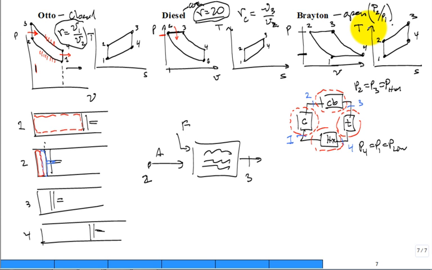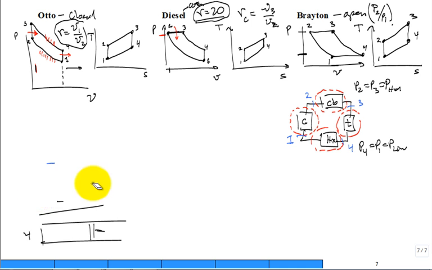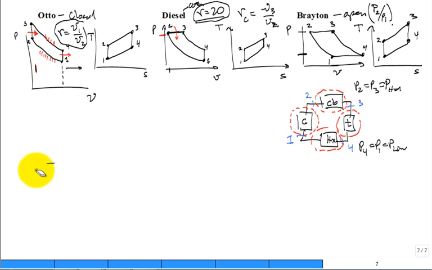But the higher that pressure ratio is, the better it's going to be for performance. So what I need to do to analyze a system like this is write the first law of thermodynamics. I need to make some room here. I need to write the first law of thermodynamics for each of the processes in the 4-process cycle for the Otto.